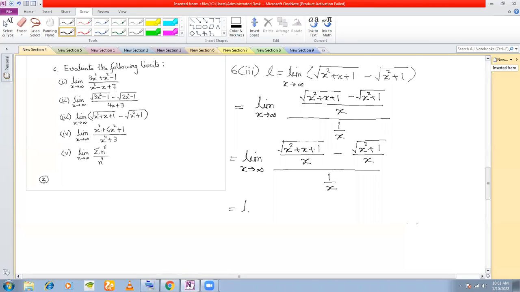Now after separation, you see in the numerator you have x in the denominator, and you don't have that x within the radicals. So what you are going to do here is, you're going to take that x within the radical. If you remember, I had told you this is a very important step, that if you are going to take this x within this radical, then this should become x square, right? So you must have x square here, right? So I've extended the radical from the numerator till the denominator.